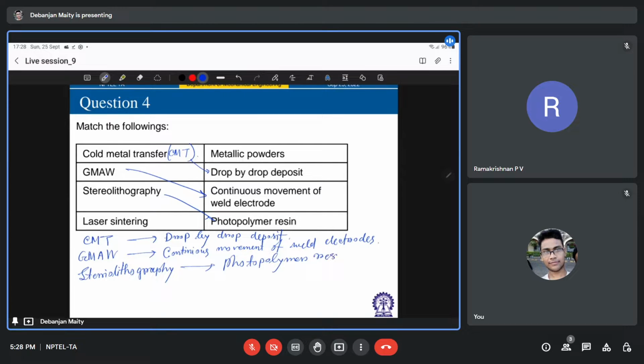It reacts with the laser and finally cures to form a solid, right? It is generally accepted as one of the most accurate 3D printing processes with excellent surface finish.